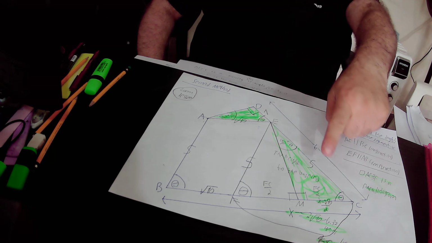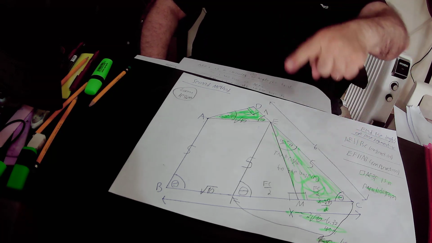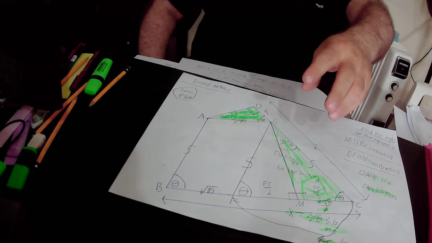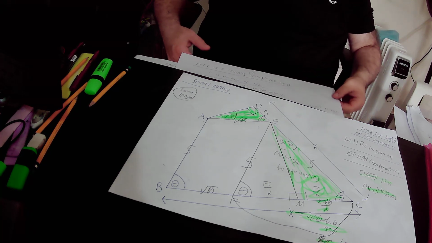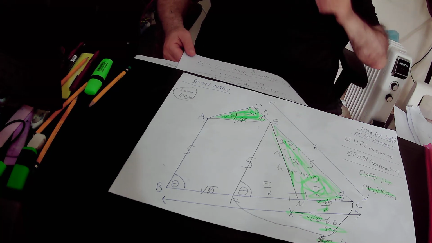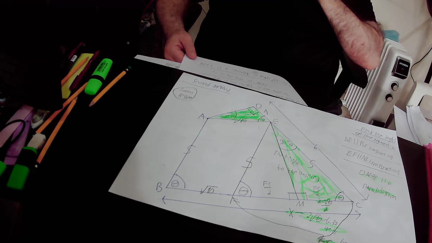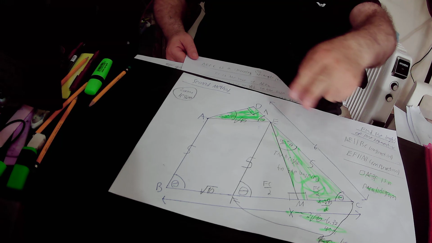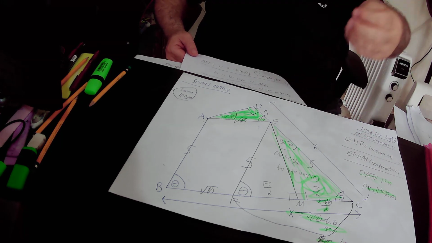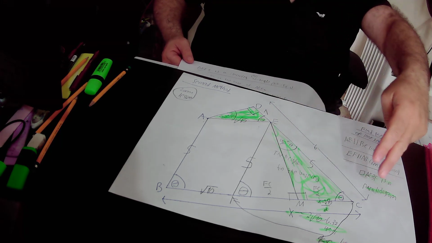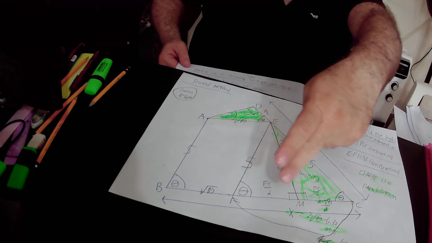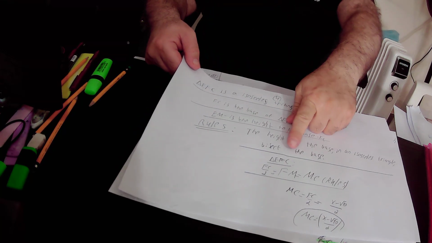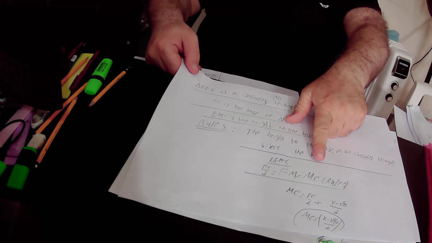So the height EM to the base FC of the isosceles triangle EFC bisects the base FC. What is the meaning of the sentence that the height EM bisects the base FC? It means that it divides the base FC into 2 equal parts. That is to say, FM equals MC according to rule number 5.